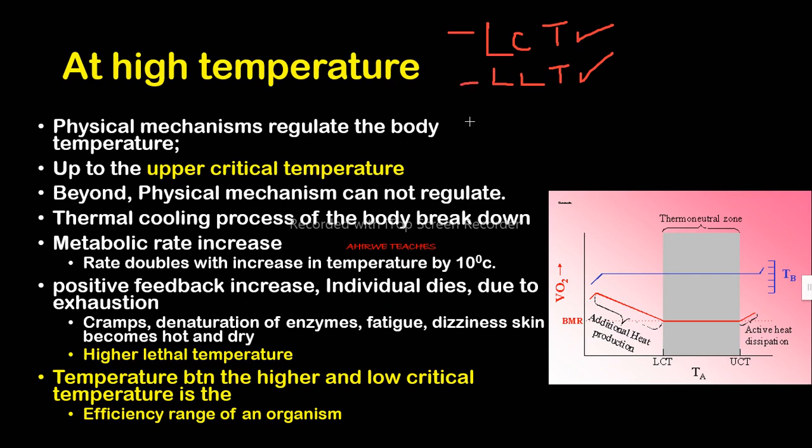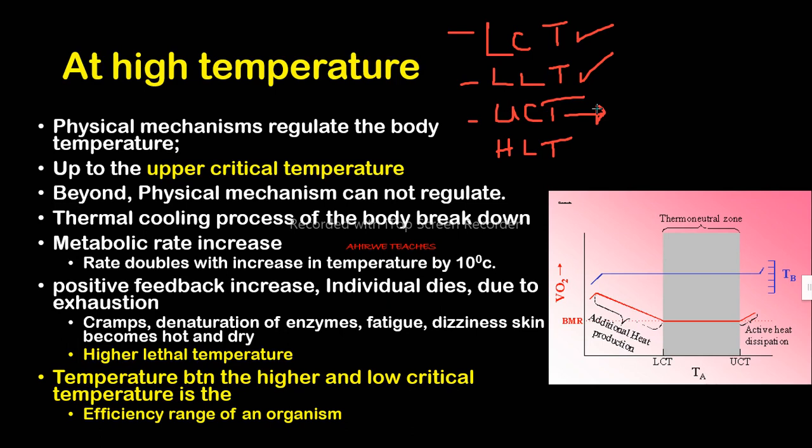Then we have talked about the upper critical temperature and the higher lethal temperature. Here, this is the highest temperature at which the physical mechanisms can no longer lose enough heat to maintain the body's temperature constant.